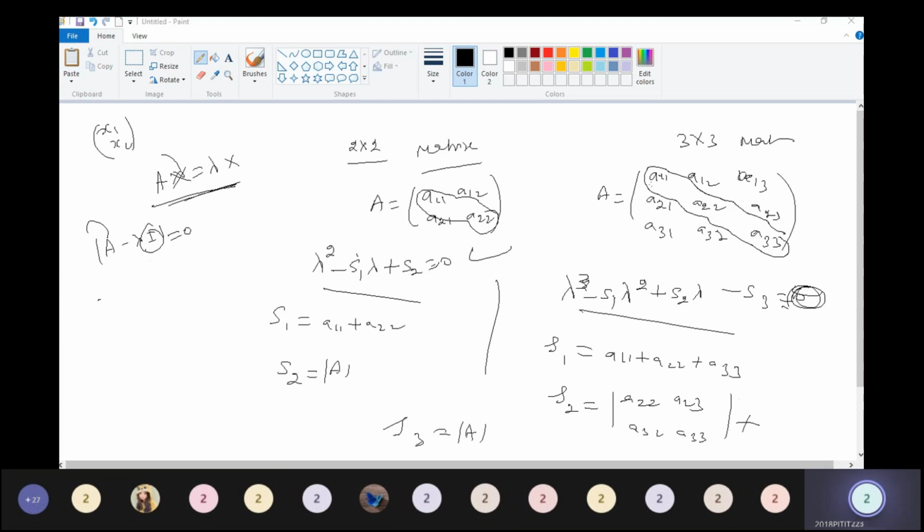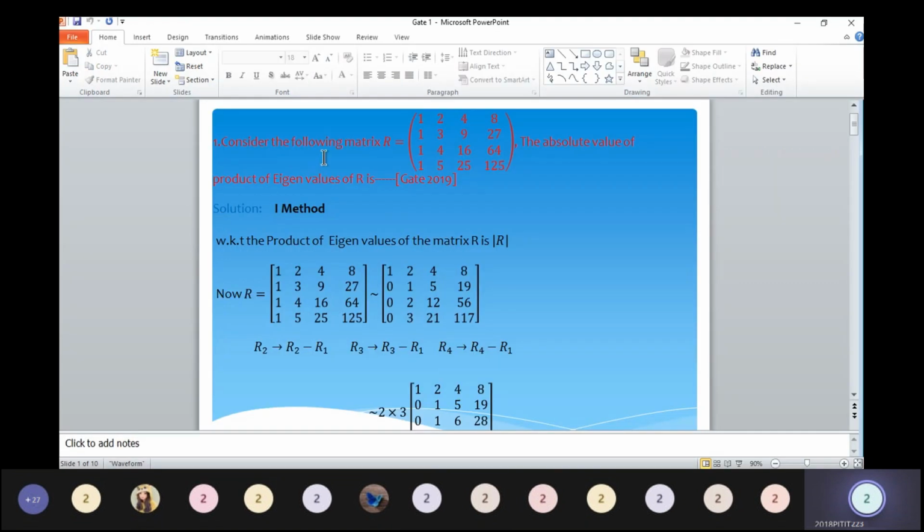The problem: the following matrix R equal to 1 2 4 8, like that, find the absolute value of the product of eigenvalues. See, there are two methods to solve this problem.